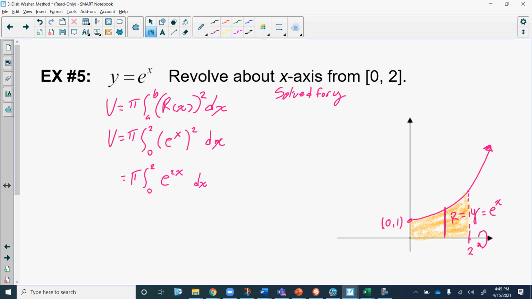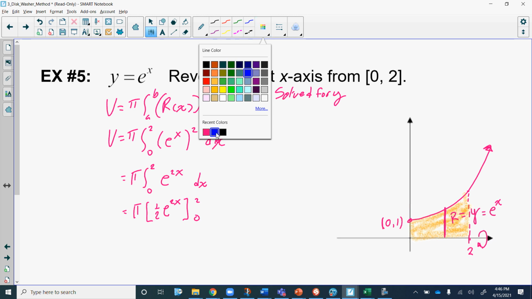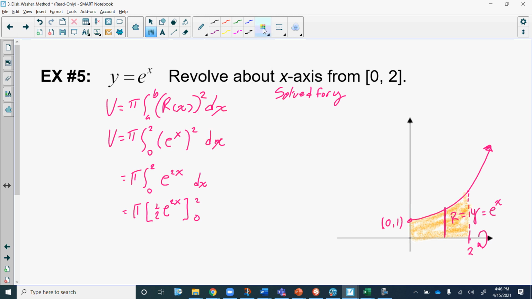Now when I take the antiderivative of that, I'm going to wind up with 1 half e to the 2x power, evaluated from 0 to 2. Now let me make sure I'm not losing anybody, so let's take a quick aside here. Why am I getting 1 half e to the 2x power?